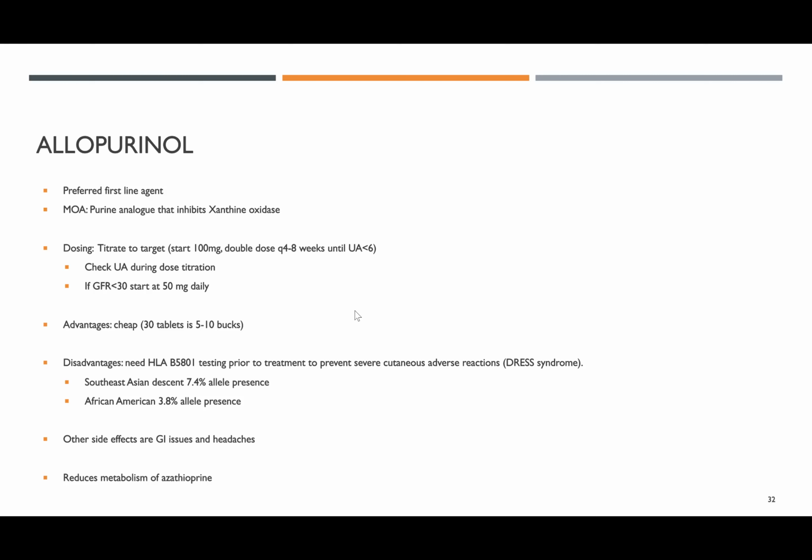And the HLA allele is present in like 7.5% of Southeast Asian descent, and in about 4% of African Americans. Otherwise, side effects are GI issues, headaches, and it also reduces the metabolism of azathioprine if you're giving those medications together.